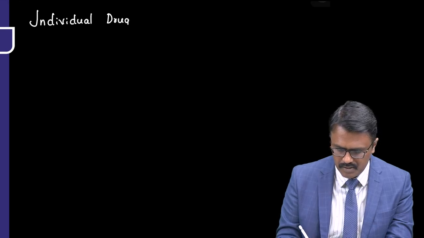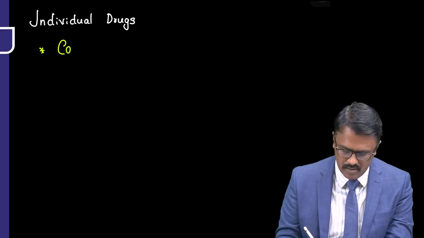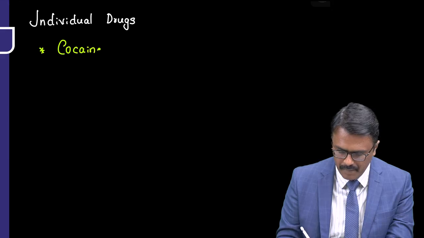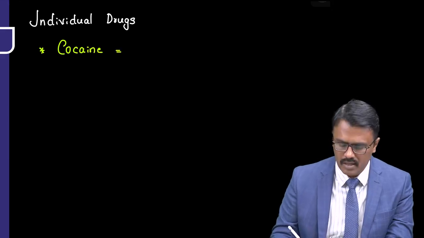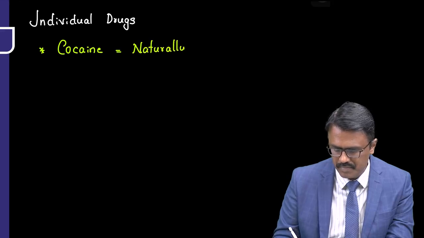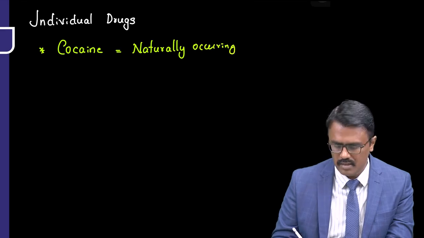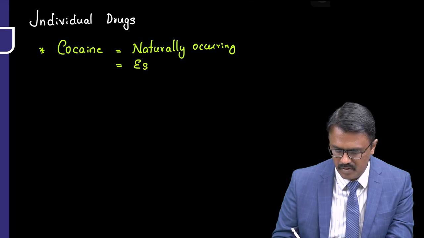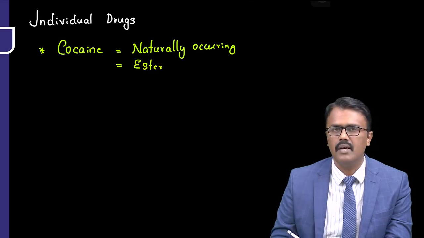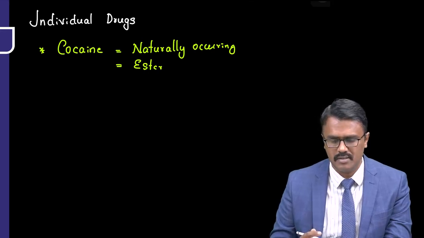Individual drugs. Number one, the first one to be discovered, is called cocaine. Now cocaine is a naturally occurring one, and it is an ester obtained from the plant. And I told you it is not metabolized by esterases.